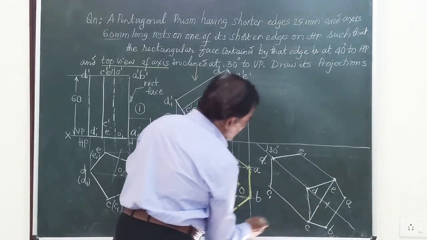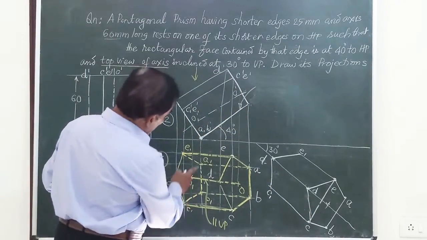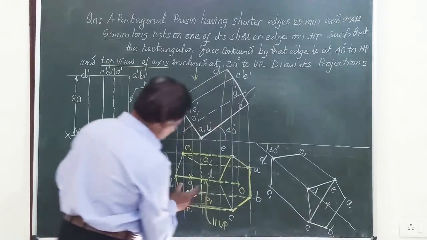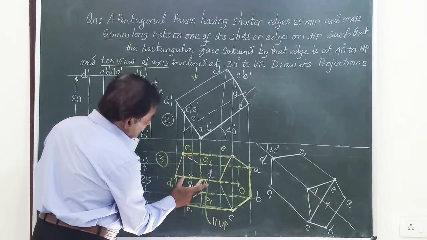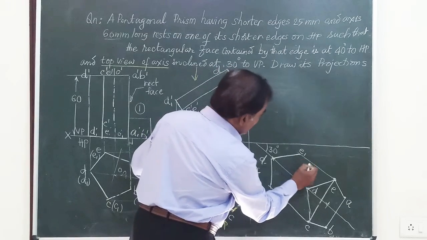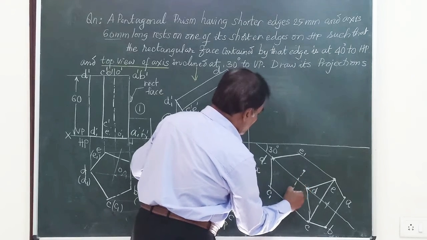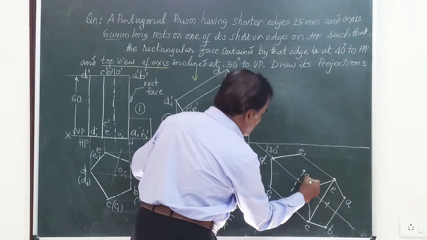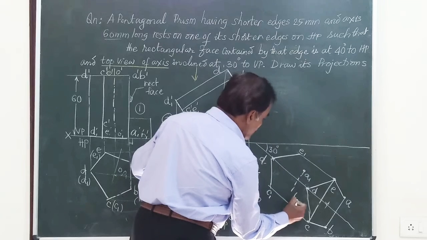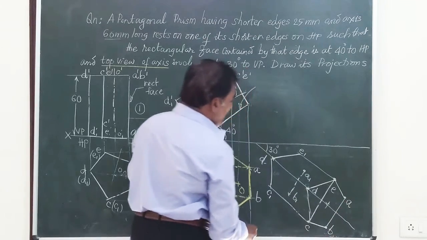Then we have the other 2 edges, CE and C1 E1, which we have marked. I have to mark A1, B1. A1 B1 is at this gap from EC. From EC, you take it a little away and mark this edge. So this is going to be A1 and this point is going to be B1. This A1 B1 is again the same 25 mm.